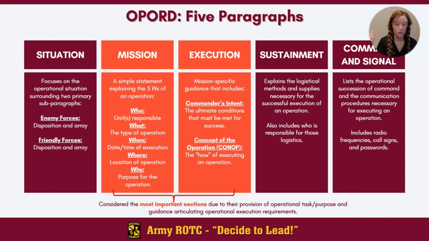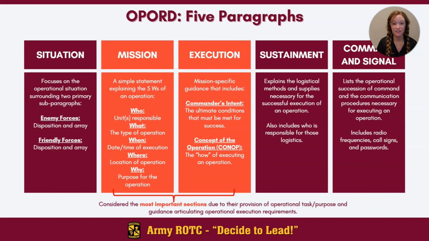So you'll see there the what is kind of your task and your why is purpose. You'll hear things like in vicinity of, that's your location, in order to, that's the purpose, no later than, that's your when. So you'll hear those types of terms within that, but it's a very brief statement, just like you saw at the beginning of this lesson.